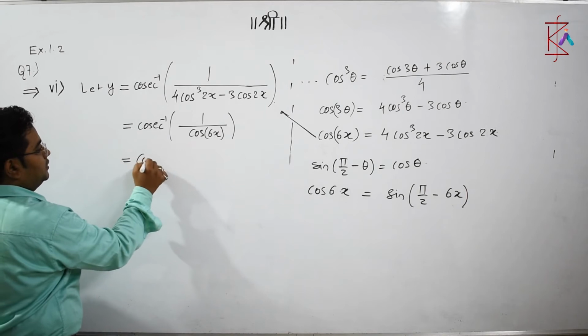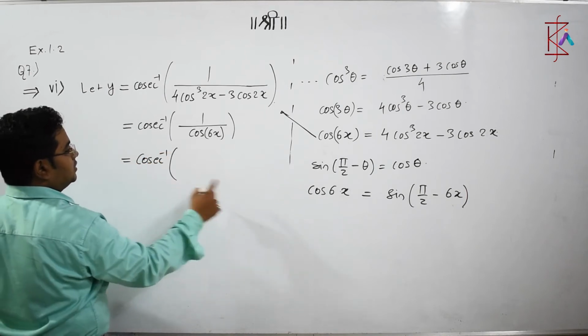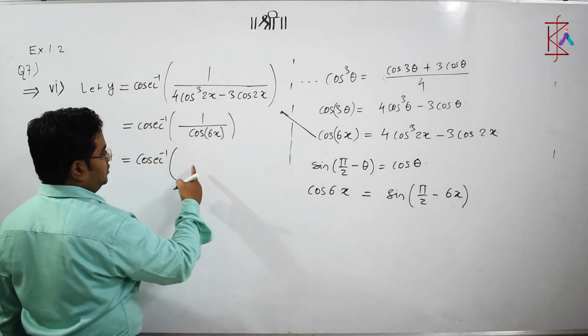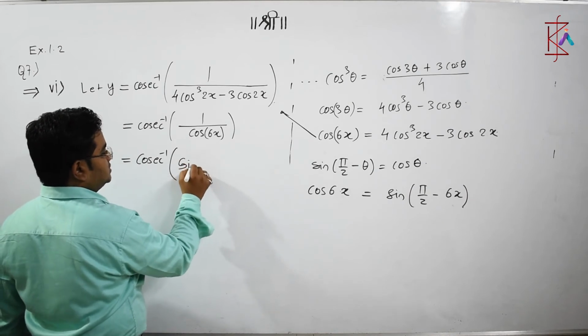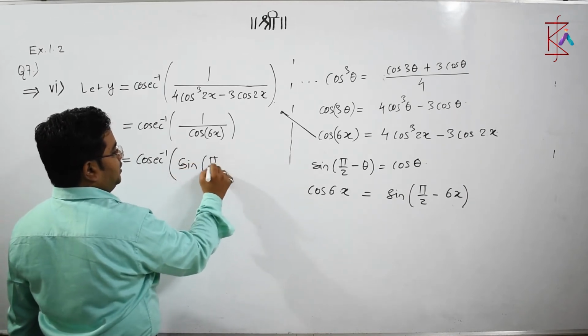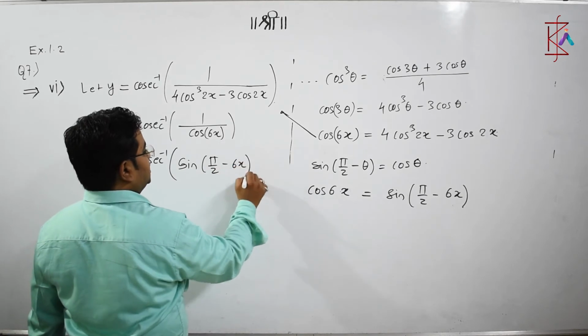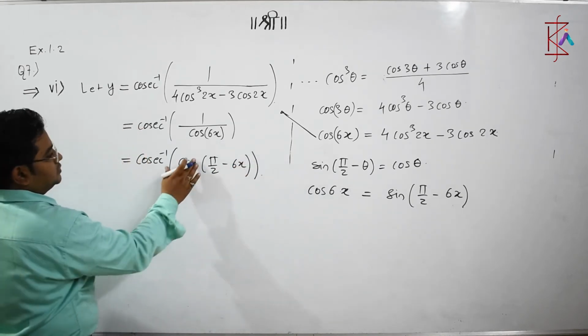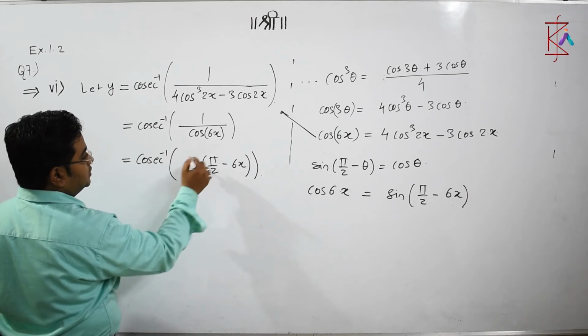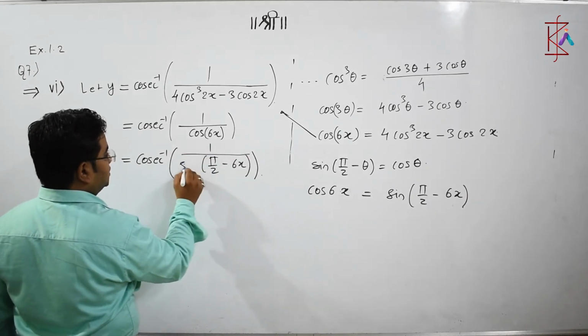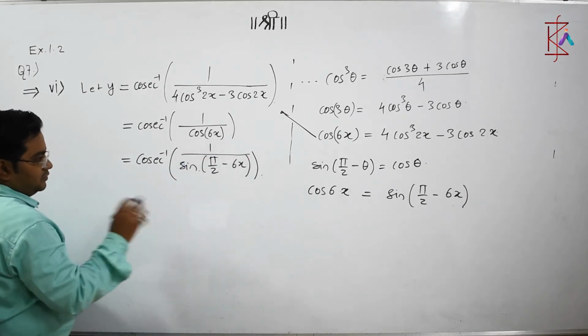Again, what will happen? So cosec inverse of sine pi by 2 minus 6x. So this is what? 1 upon sine. That's what we are applying.